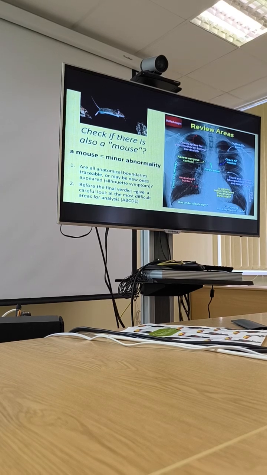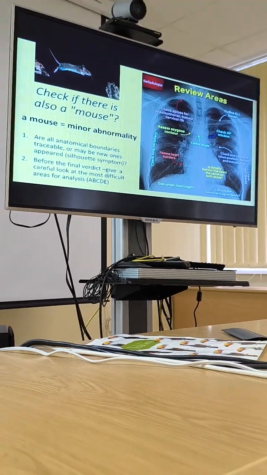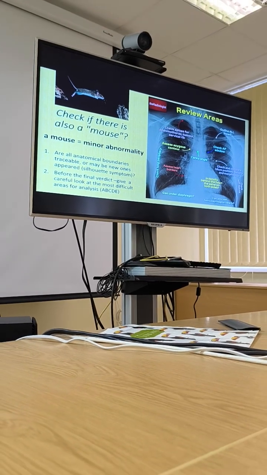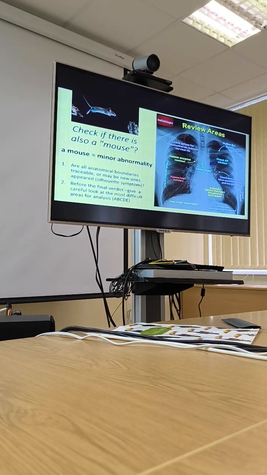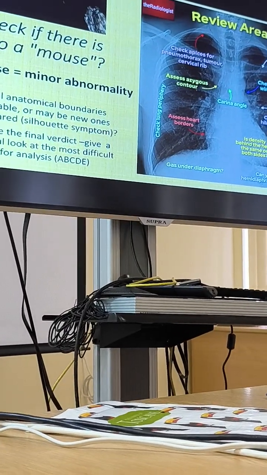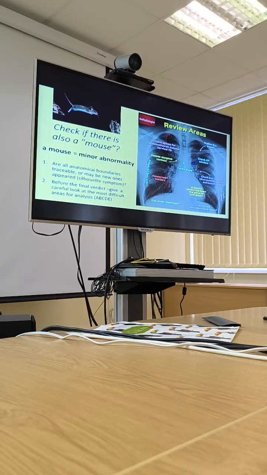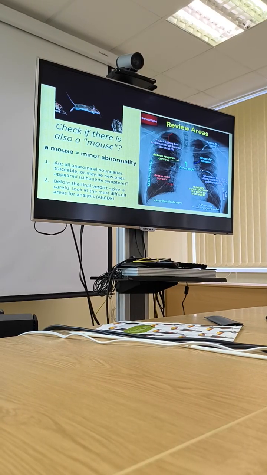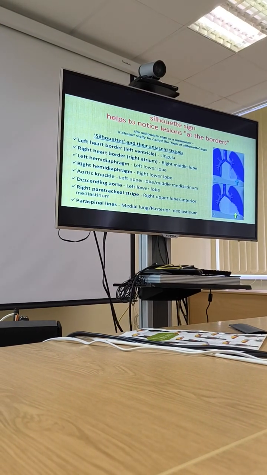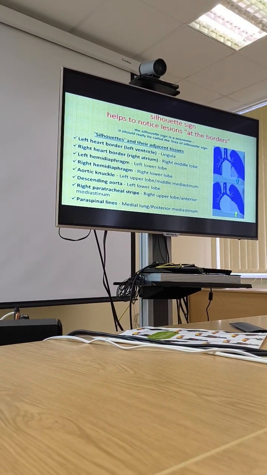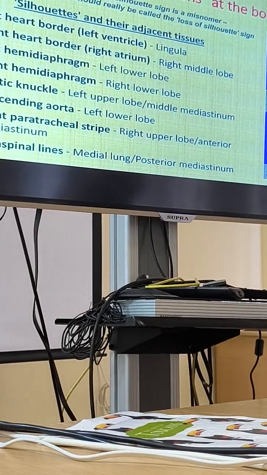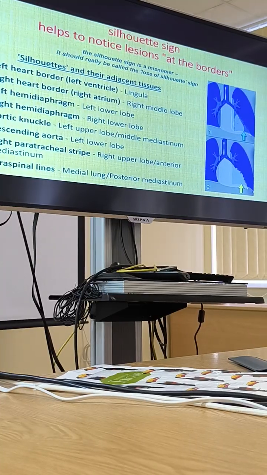Let's discuss two instruments which are very popular. One instrument is to look at the boundaries which we usually have to see on the picture, and if somewhere we don't see them clearly, this is named the silhouette sign. When we don't see one of the mandatory borders clearly, we name it the silhouette sign.